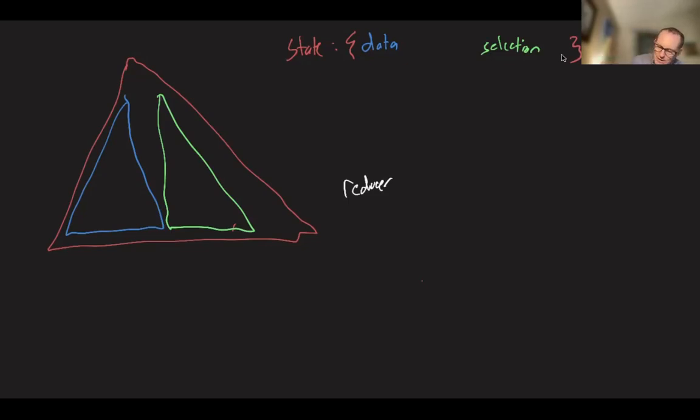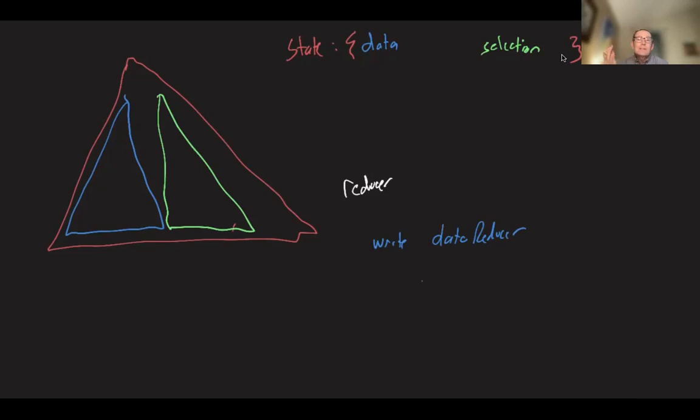So we could write a data reducer, and the data reducer would be responsible for all changes over in the blue part of the tree. So all changes in the data part of the state. It would need to handle all actions.